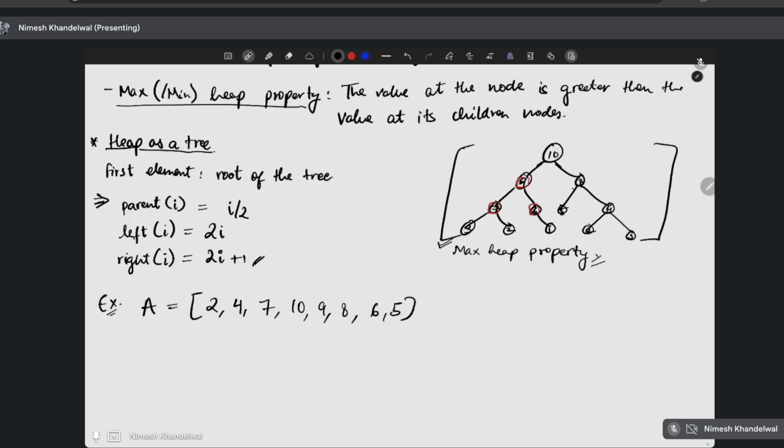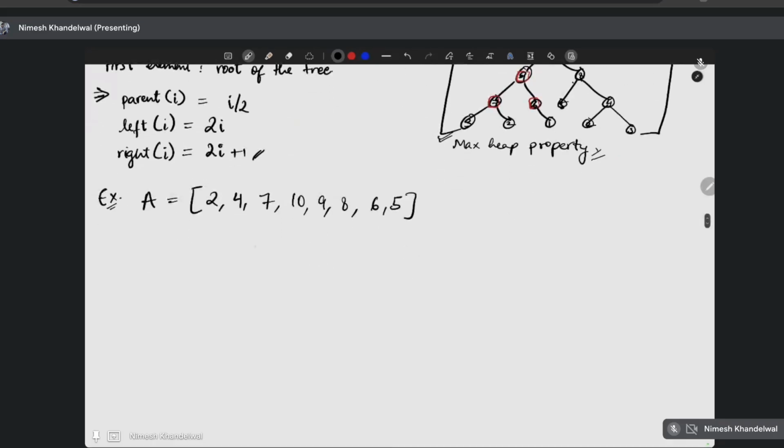Right? So this will be the root element. This will be 2, and there will be 4 and 7, right?